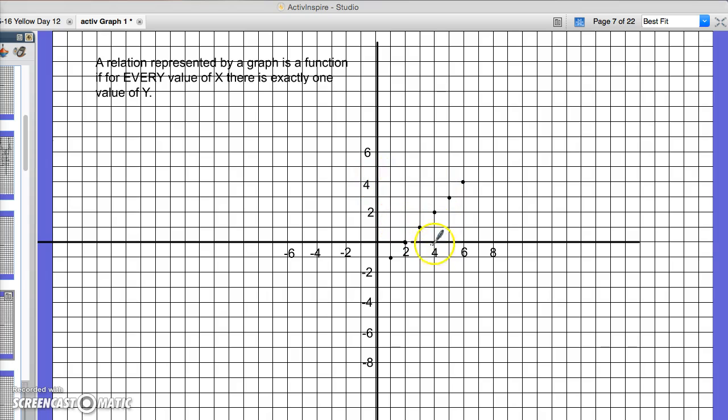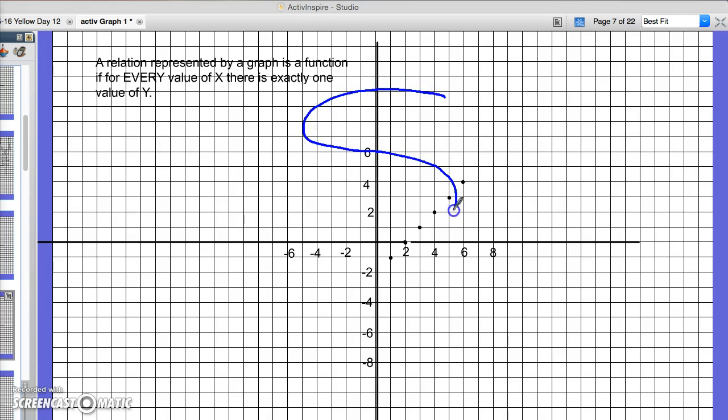Now, it may seem that that would be true for every possible relation that I could graph. But let's look at some others just to get a sense of what could happen. So what if I had something instead where the graph, let's see, if I have blue here, looked like this. Is this a function?